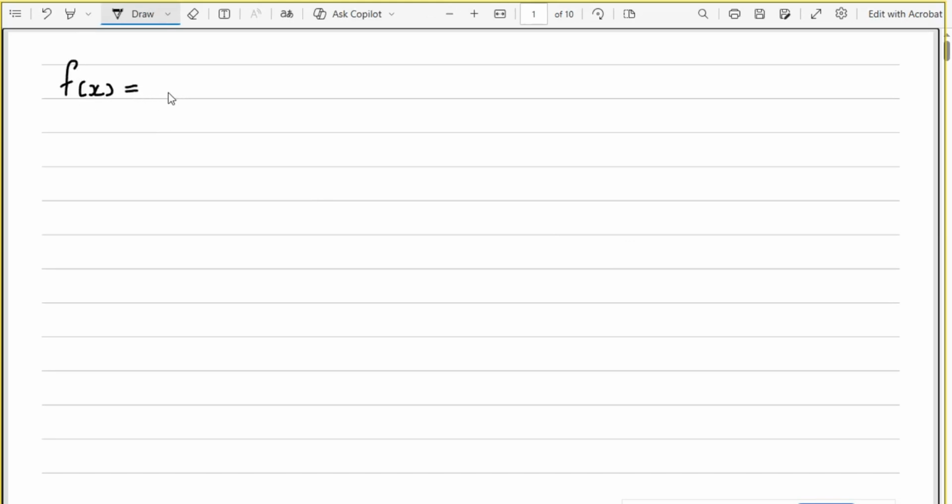f(x) is equal to x squared minus 4x plus 1. Right.